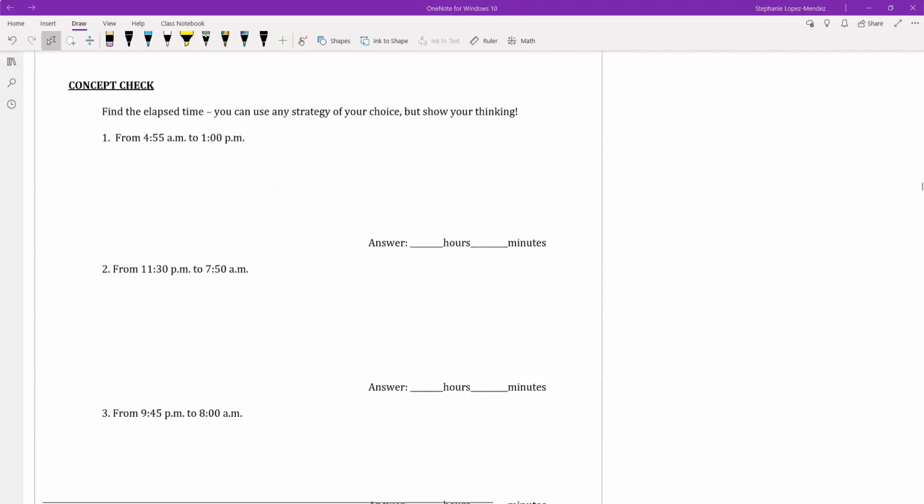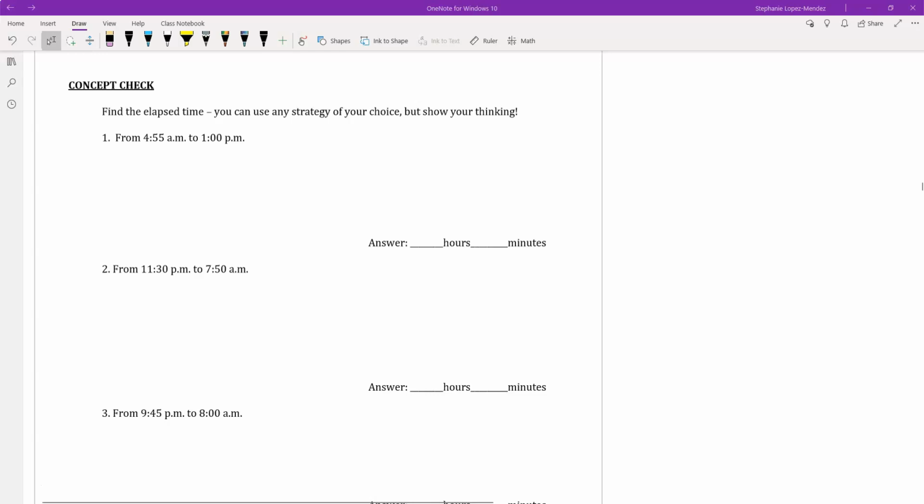So we go to our concept check, and it says find the elapsed time. You can use any strategy of your choice as long as you show what you're thinking or the step-by-step of how you found your result.